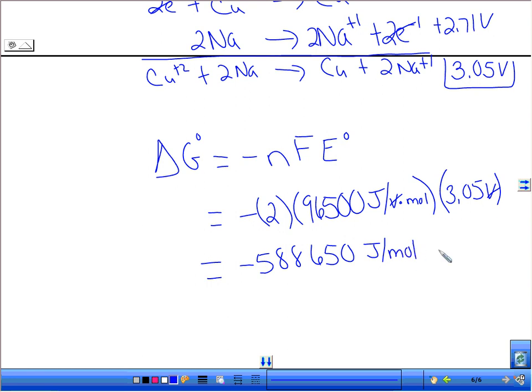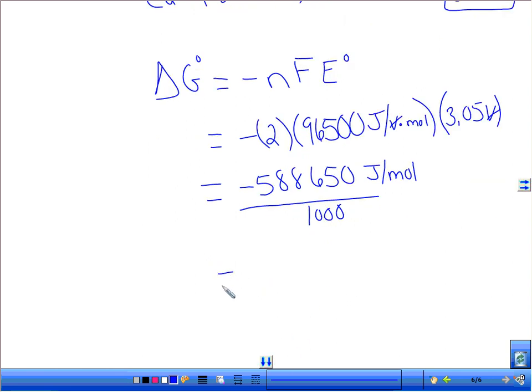But Gibbs is actually measured in kilojoules, and so you actually have to divide this answer by 1,000. So if we do 3 sig digs, because I'm kind of fond of 3 sig digs, you're going to get a negative 589 kilojoules per mole of free energy.